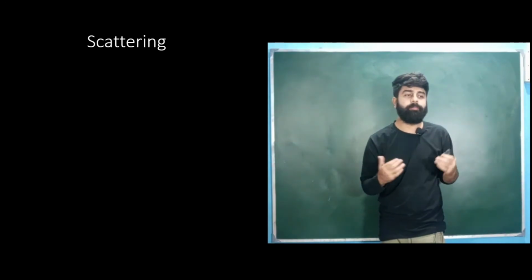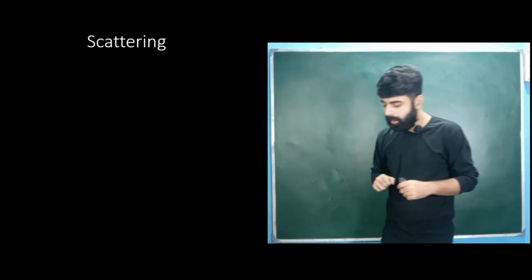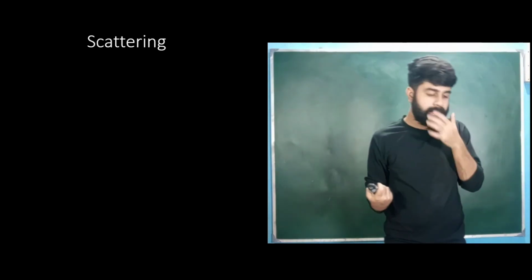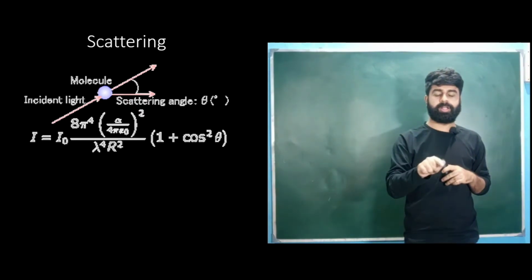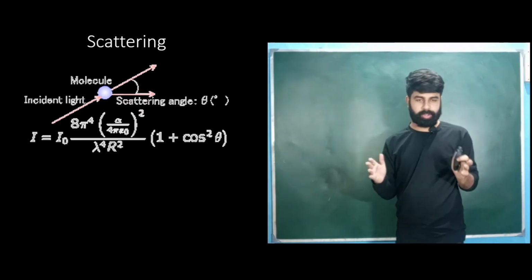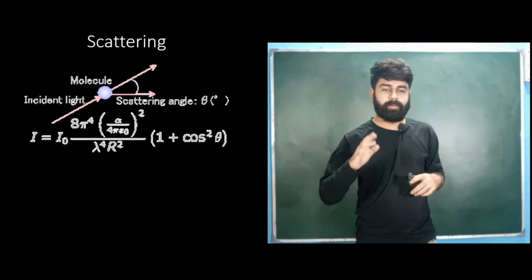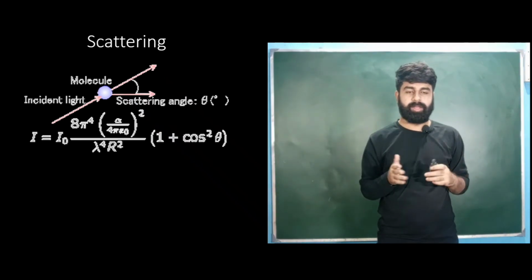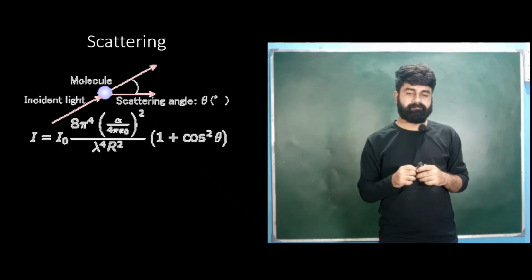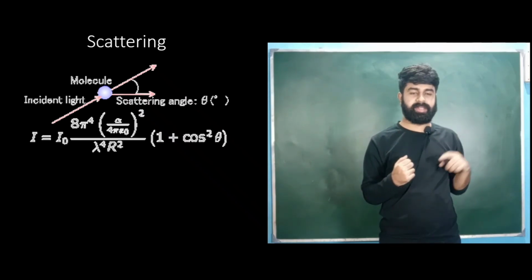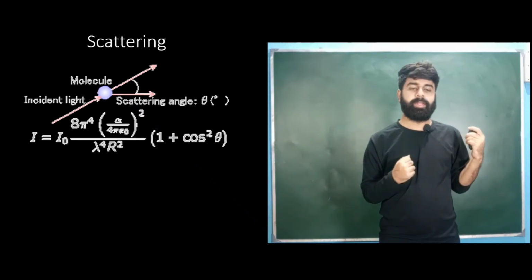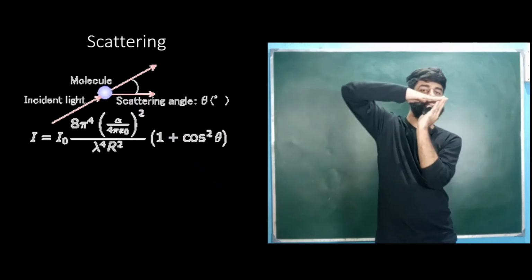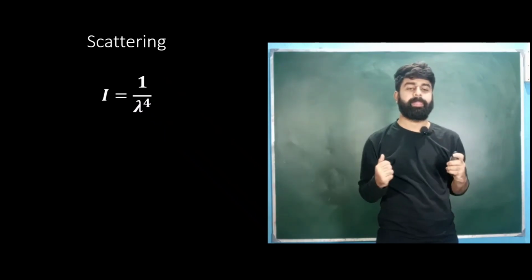So coming to the main point, it's scattering. We can't see space in the daylight just because we have an atmosphere. This is the equation Rayleigh wrote. If you look closely, it depends on pi to the power 4, r square, where r is the distance between scatterer and the observer, and theta depends on which angle the scattering is happening.